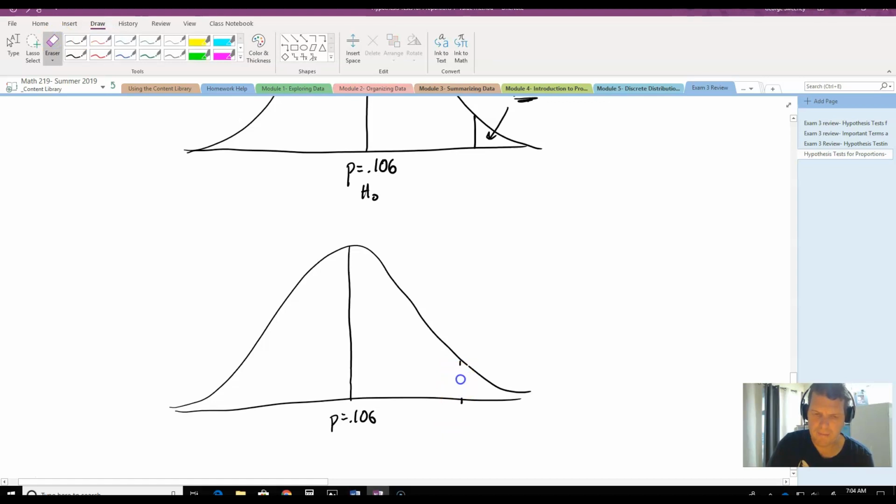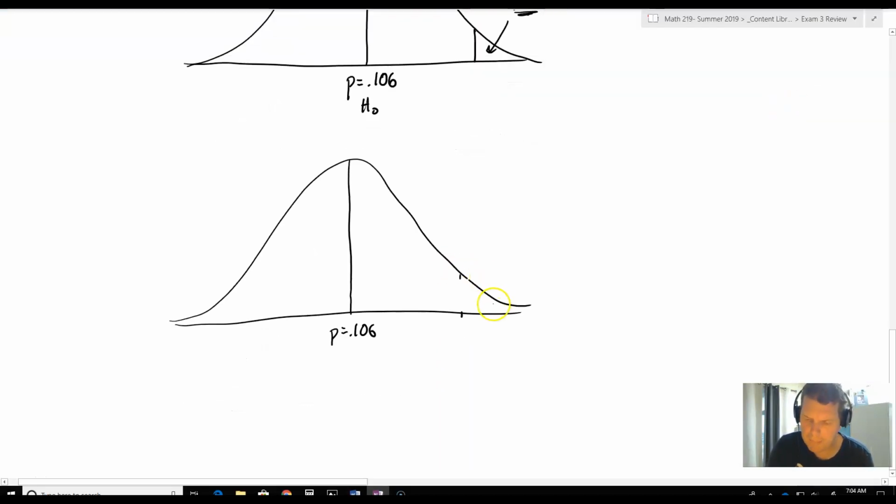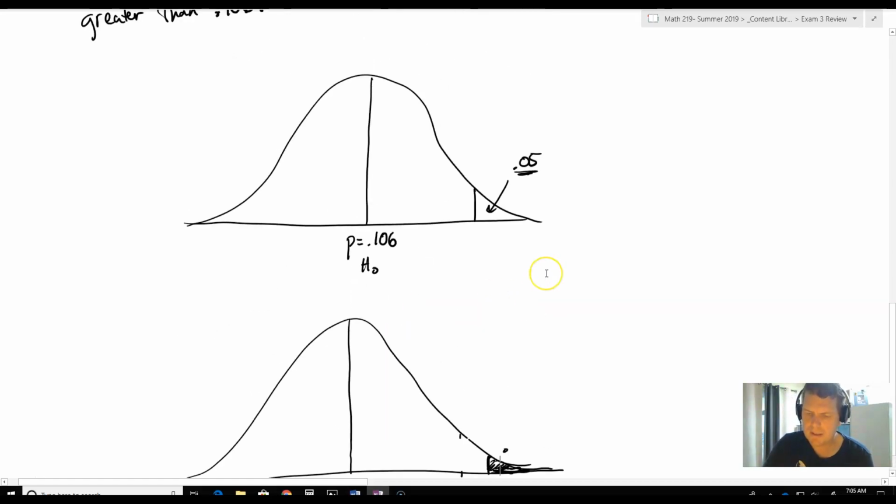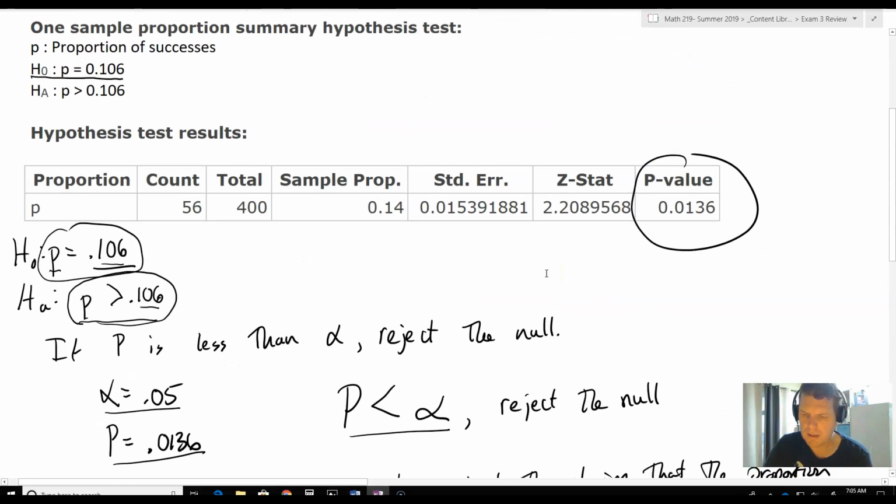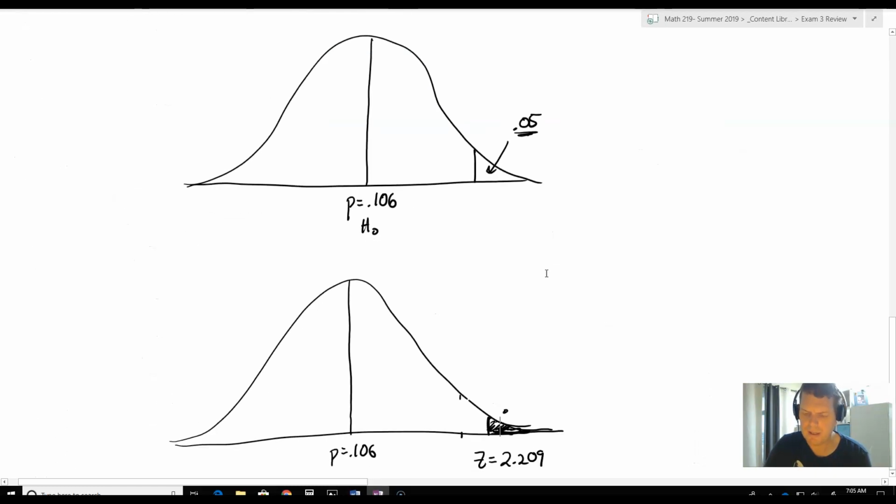Here's my z equals 2.209. That's my test statistic. And the area that's covered here is 0.0136. So it has an area of 0.0136.